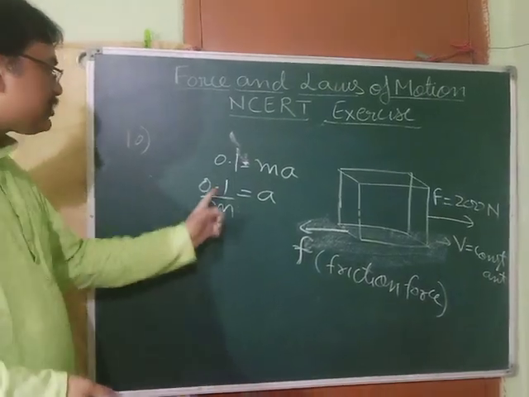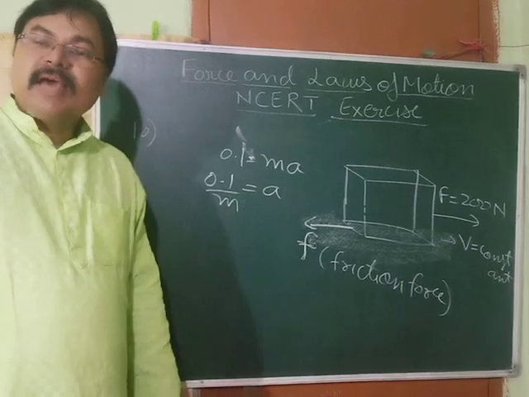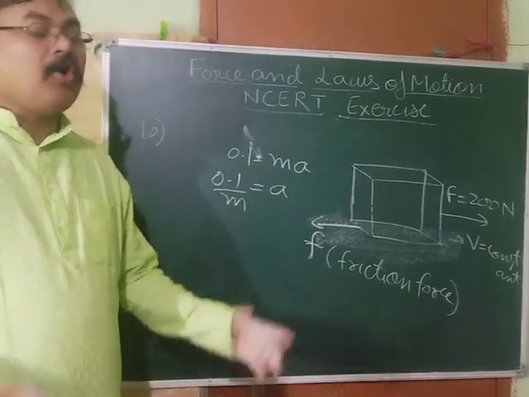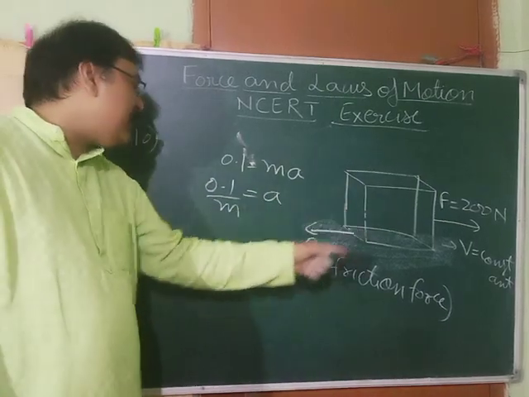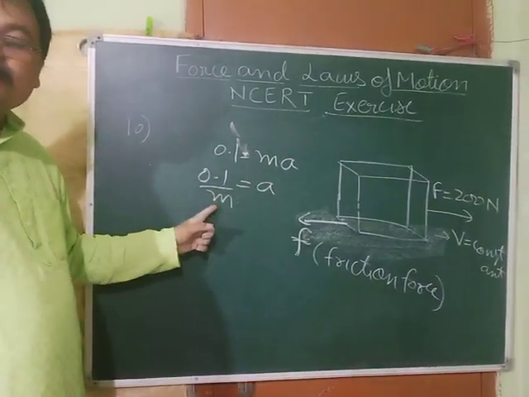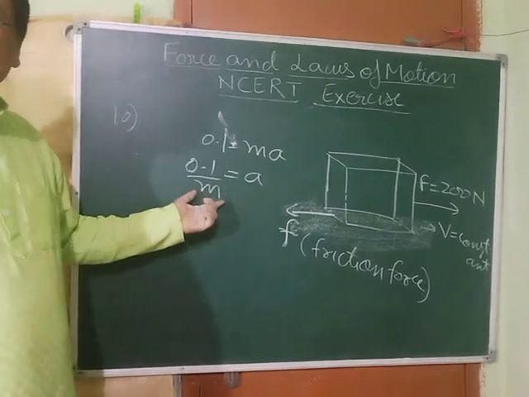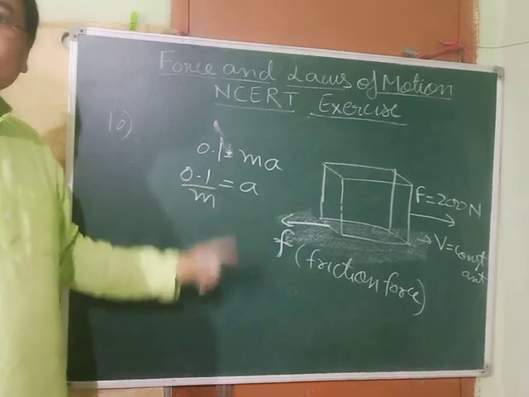So you will have some acceleration, and when some acceleration is there, can the velocity be constant? Not at all. So for velocity to be constant, the acceleration must be 0. And when can acceleration be 0? Obviously the mass of a body cannot be 0, so the net unbalanced force must be 0.